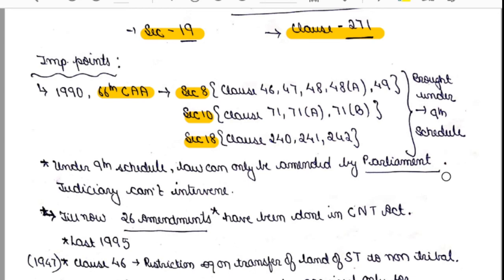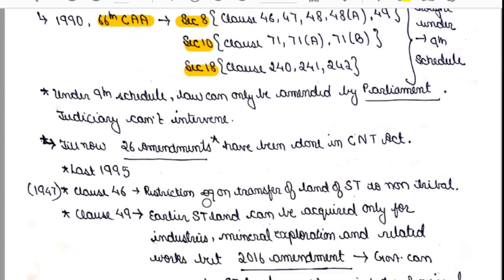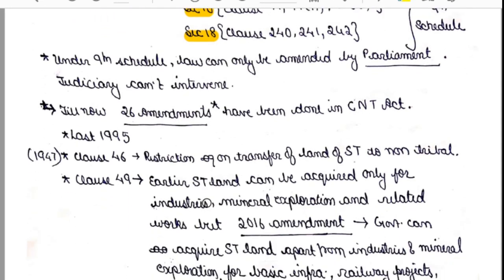Okay. Now, the next important point is that under the ninth schedule, law can only be amended by Parliament, the judiciary cannot intervene. I think most of you know, if you have studied the polity chapter, what happens when anything is brought under the ninth schedule.